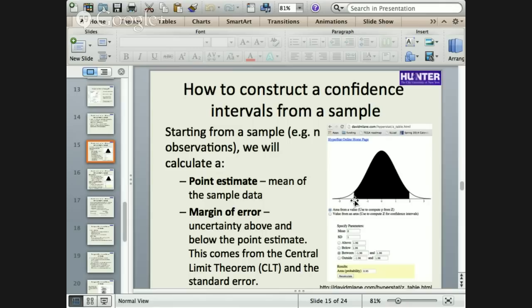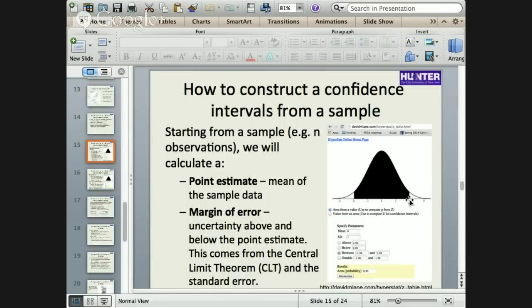It's going to be between about -2 and 2 standard deviations. So all of that probability stuff that we had you doing, just calculating probability using tables of the normal distribution or using the calculator or Excel, is for a reason, because now you're going to be able to use that to calculate confidence intervals.